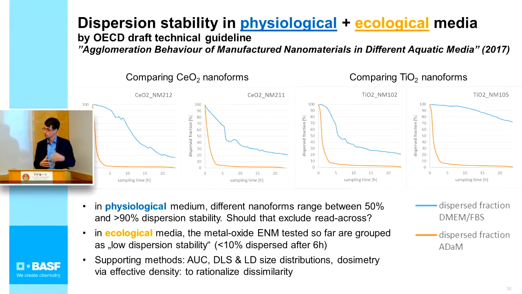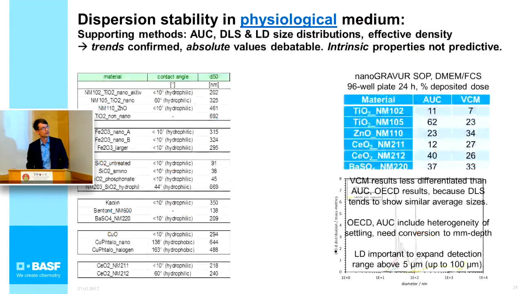And then we use supporting methods, which are more quantitative, to look at dissimilarities, to understand why materials are different. And this has relations, of course, to Phil's beloved topic of dosimetry. Here is an even longer list of materials that we looked at in our nanogravure grouping project.